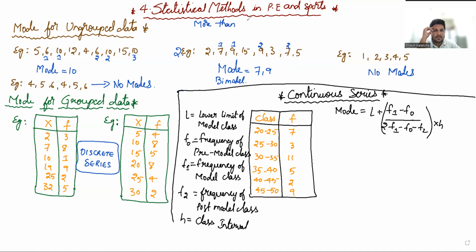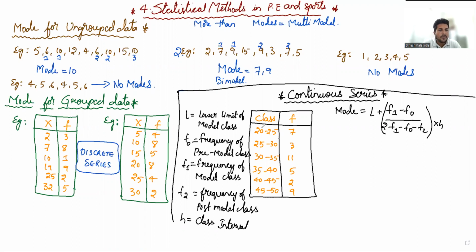More than 2 modes is equal to multimode. So this is all about the mode for ungrouped data. I hope you understand, you got it.